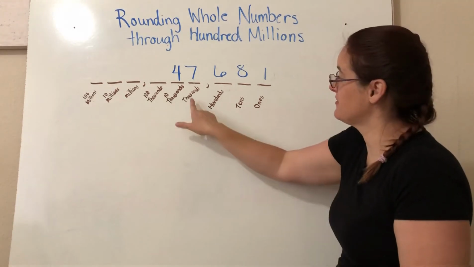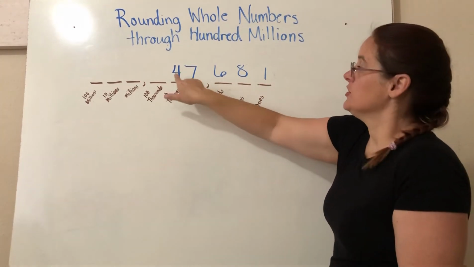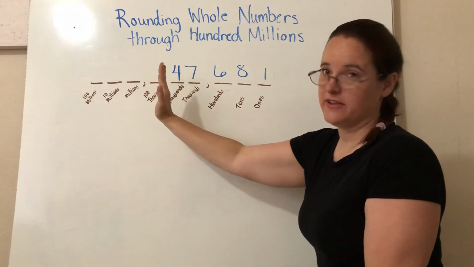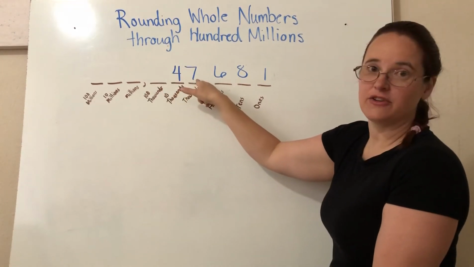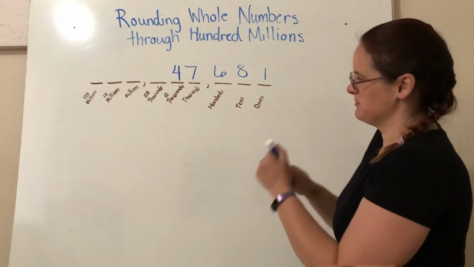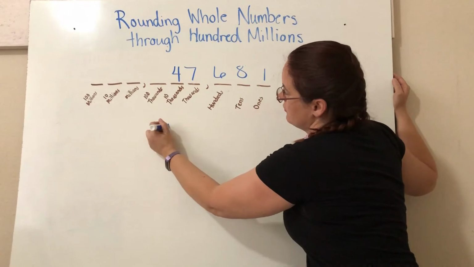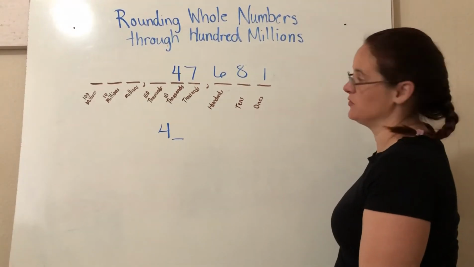So this one's a little different. Thousands, I'm looking at the 7. So when you're not rounding to the biggest place value, anything that comes before the place that you're gonna round to stays the same. So I'm gonna actually rewrite it down here so we can keep that one. So my 4 doesn't change because I'm rounding to this place value right here.